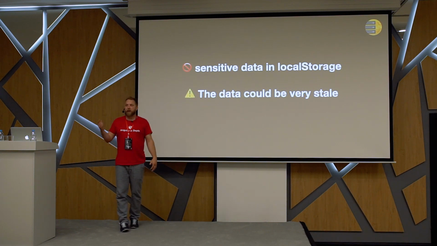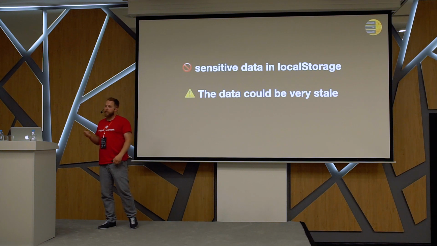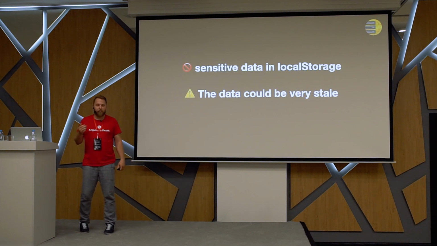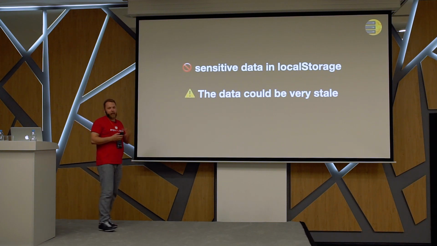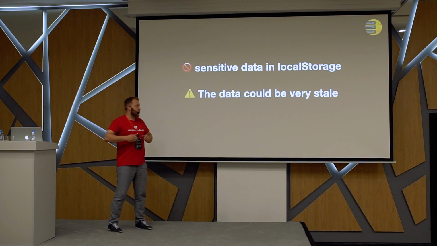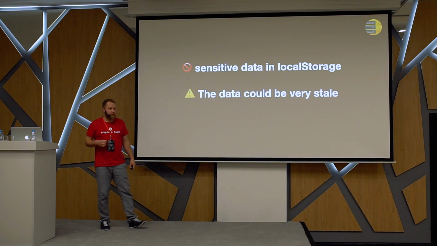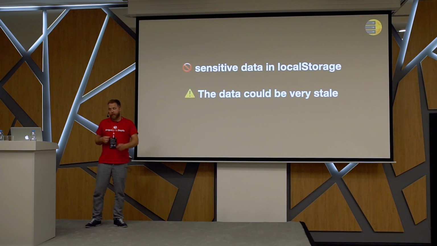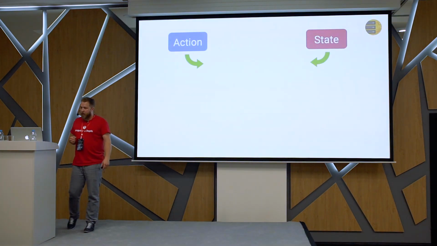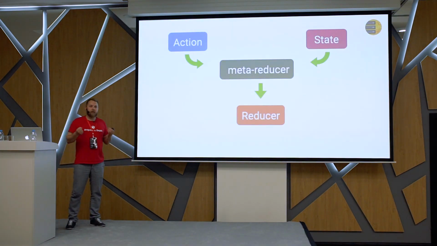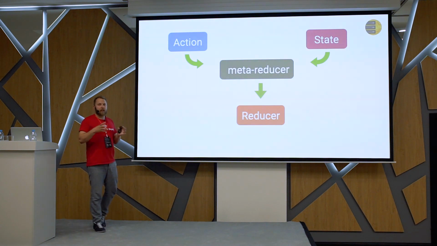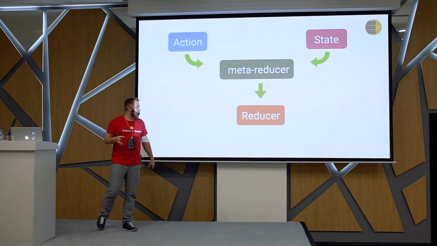But here, the user could be coming back to your application a month later. Although you can add timestamps and watch for timestamps when you rehydrate it, generally the data could be very stale. So how do we put that data into the local storage?